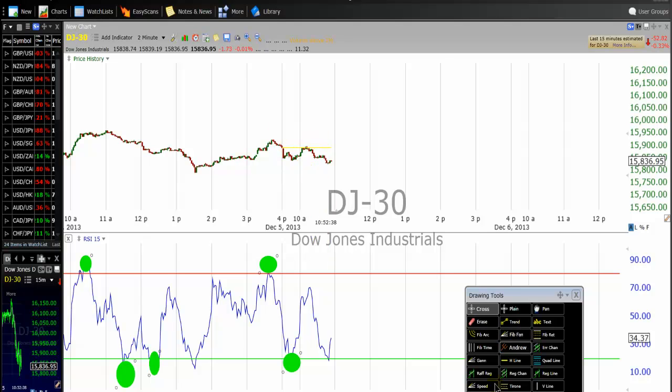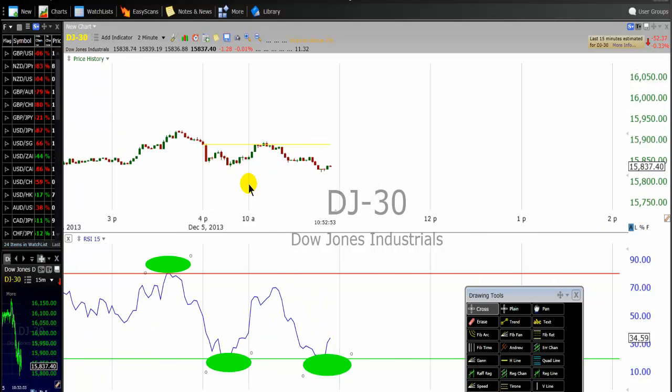All right, here we are for this Dow Jones Index on a 2-minute chart. As you can see, the RSI period 15 touched the oversold zone. It went below it only to go up. That's a buy signal for us. Here we are. That's where we are now.